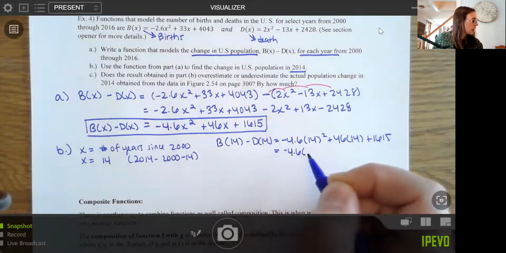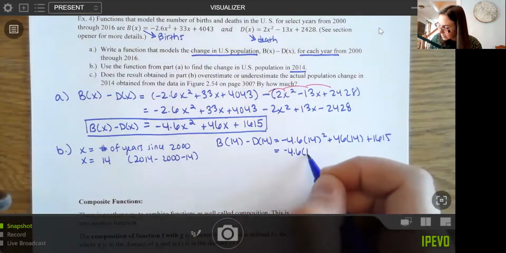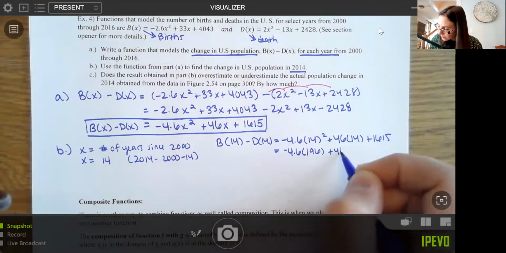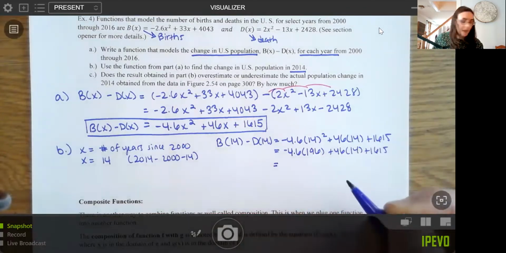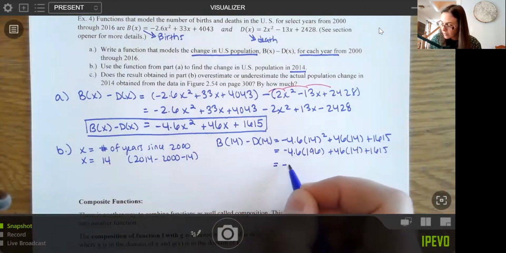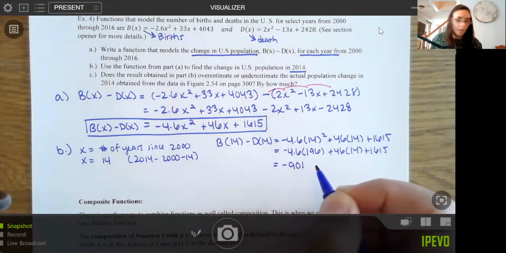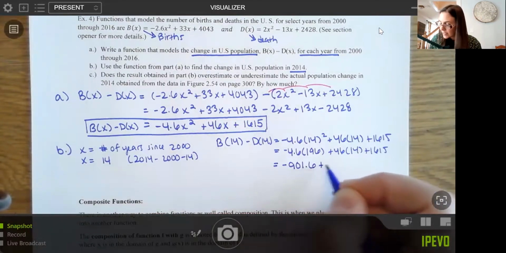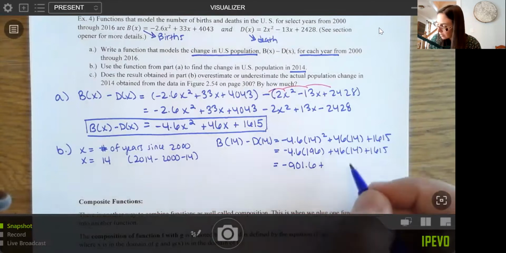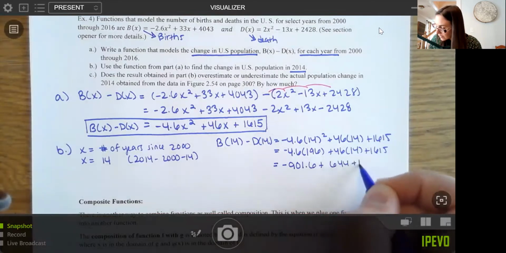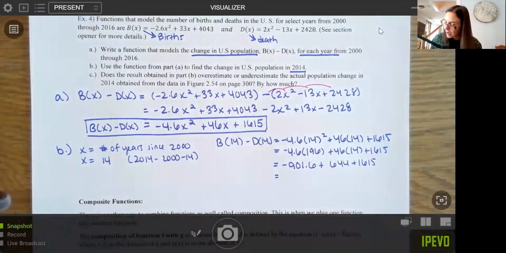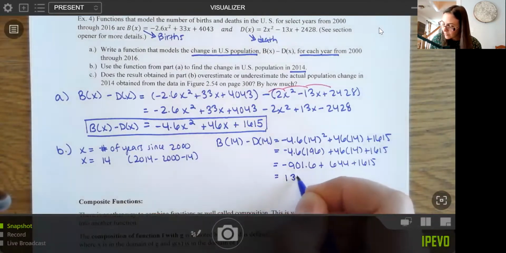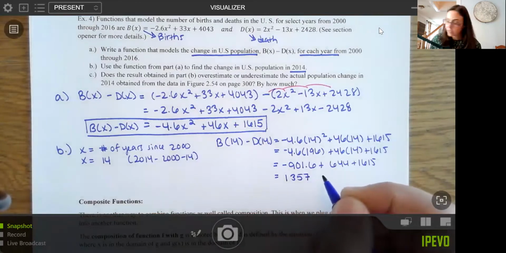So 14 squared is going to give me 196. And then for the first group, I end up with negative 901.6. For the second multiplication, I have 644, and then the 1615. And then finally adding and subtracting these all together, I end up with 1,357.4.